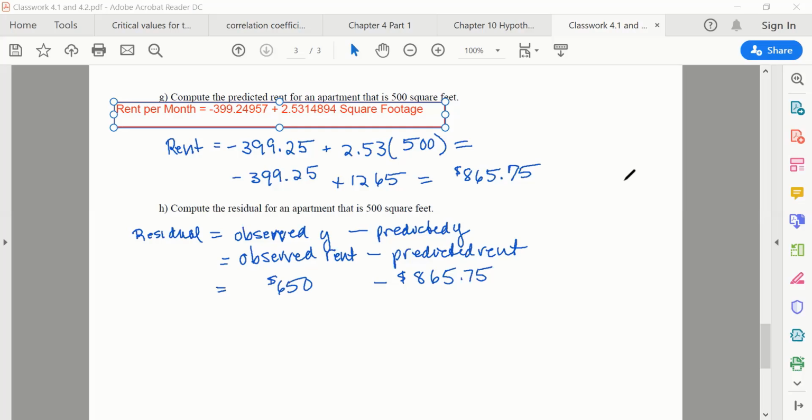If you look in the data table, the first value for the square footage of 500 has a rent of $650. So this is our observed rent. So my residual is going to be minus $215.75.